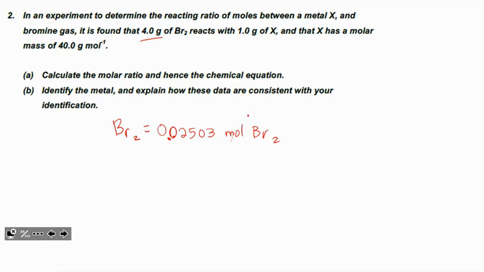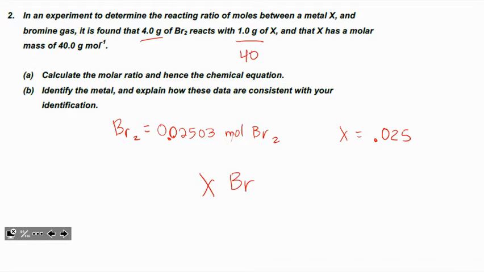There we go. And I also had 1 gram here of X. If I divide that by 40, how many moles is that? 1 divided by 40. I end up with the same amount, 0.025. So it's a 1-to-1 ratio. So it would be XBr.